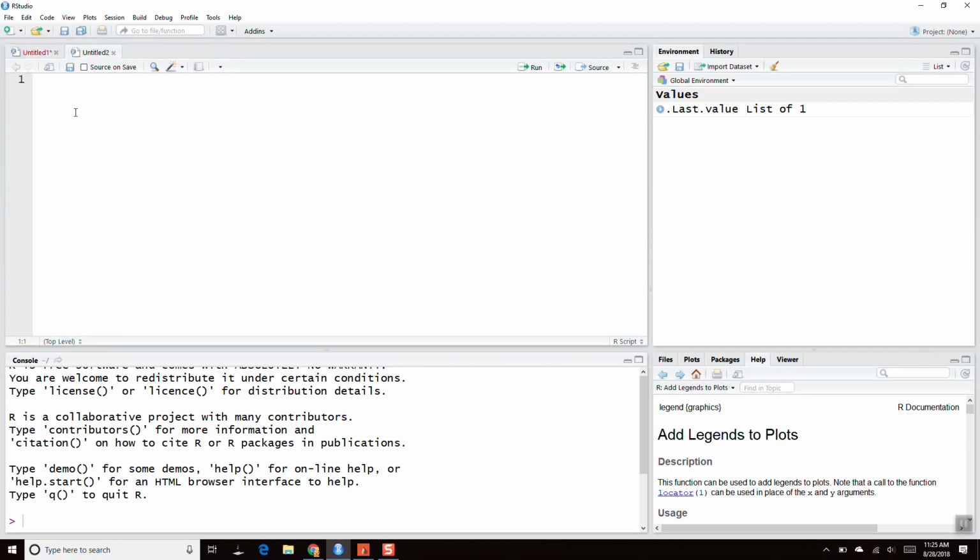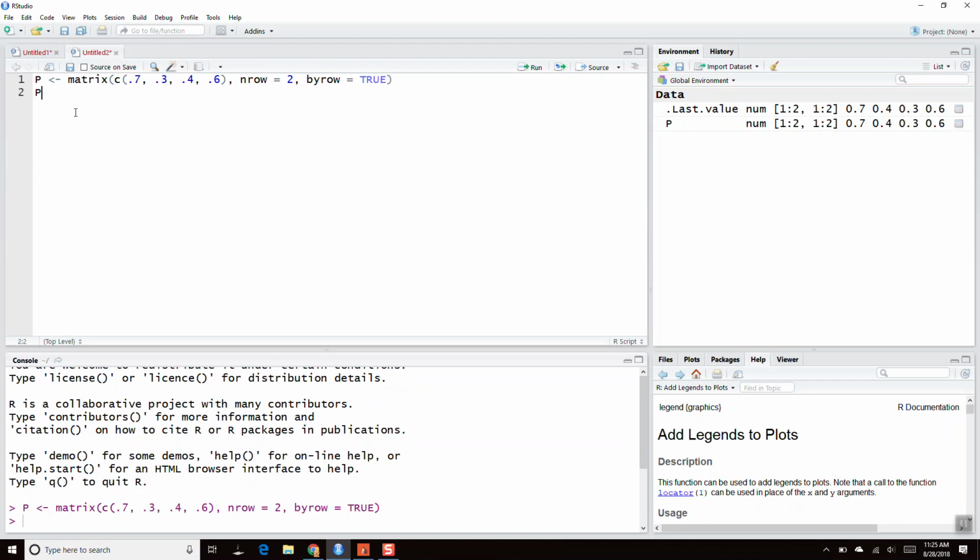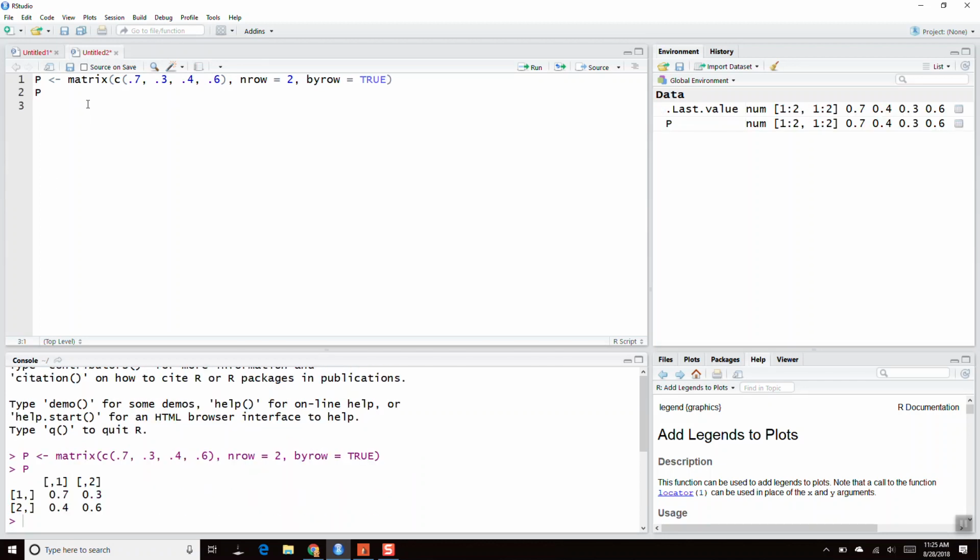All right, so we'll make a matrix P, and what do I have? I've got 0.7, 0.3, 0.4, 0.6, number of rows equals 2, by row equals true. All right, so let's just take a look at P. Okay, that's what we want.